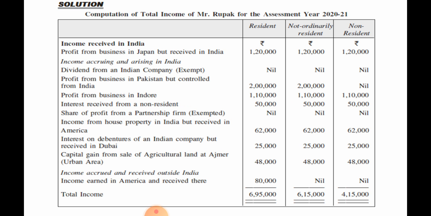Definitely it is an Indian income, as the profit is from business in Indore, which is in India. So control and management here doesn't matter, as it is income earned in India, and Indian income is taxable for all types of residents. The amount is rupees 1,10,000, and we have written this 1,10,000 in case of all the three assessees.